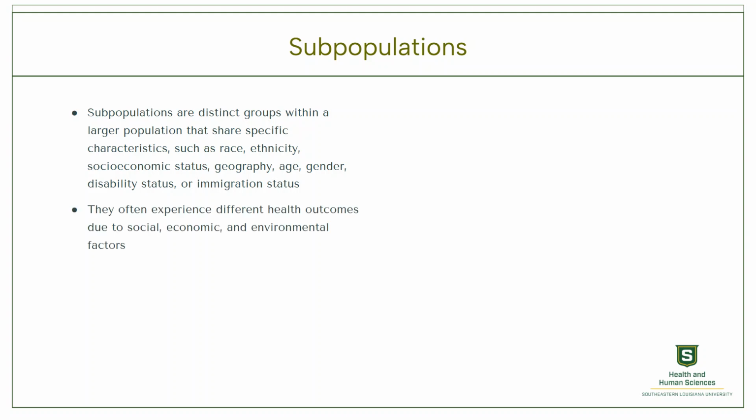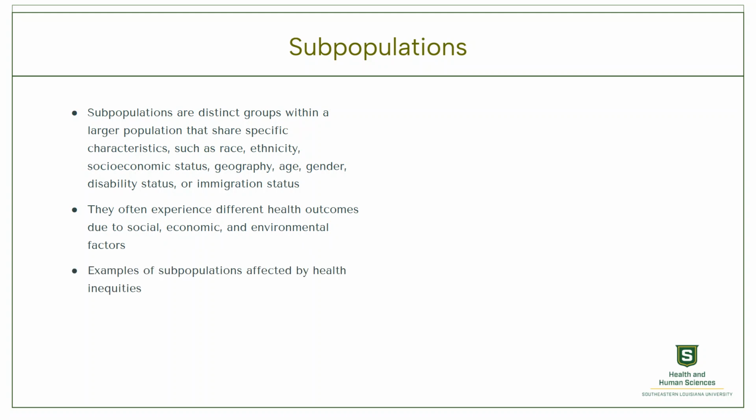These subpopulations often face health outcomes that are different from the larger population, and the disparity in the health outcomes that they experience is typically due to social, economic, and environmental factors, or all three of them.